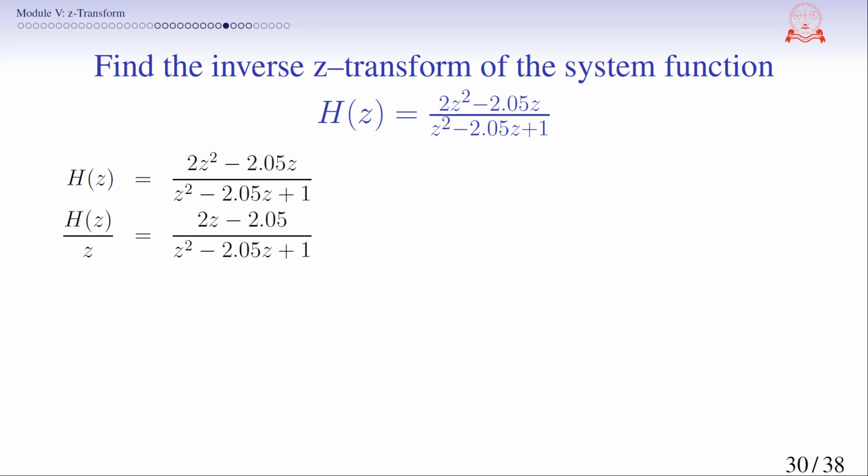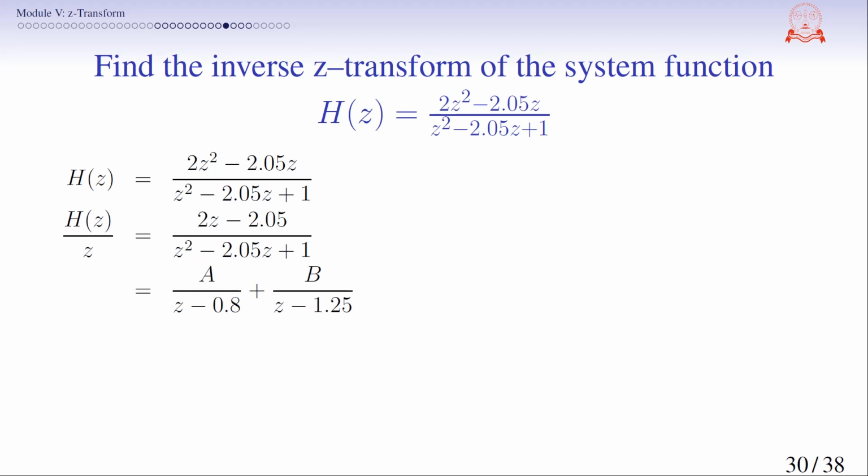As I said, we have to compute H of z by z rather than H of z as a whole. So H of z by z can be written as 2z minus 2.05 divided by z square minus 2.05z plus 1. This can be written as 2z minus 2.05 divided by z minus 0.8 into z minus 1.25.